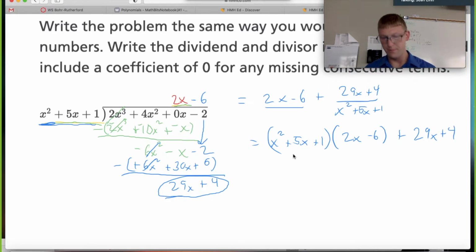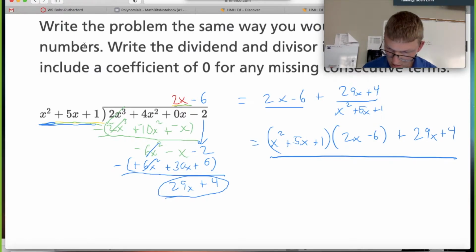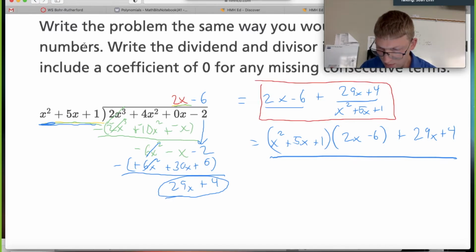So you can remember that in any way you want. You can either just straight up remember that's how your answer should look, or, I don't know why my brain likes it better, my brain looks at this and goes, okay, let's get rid of the fraction. Let's times this entire thing by the divisor so that we don't have a fraction, and then that's what we get right here. So there it is, and there's our remainder. However you want to remember it, it works.